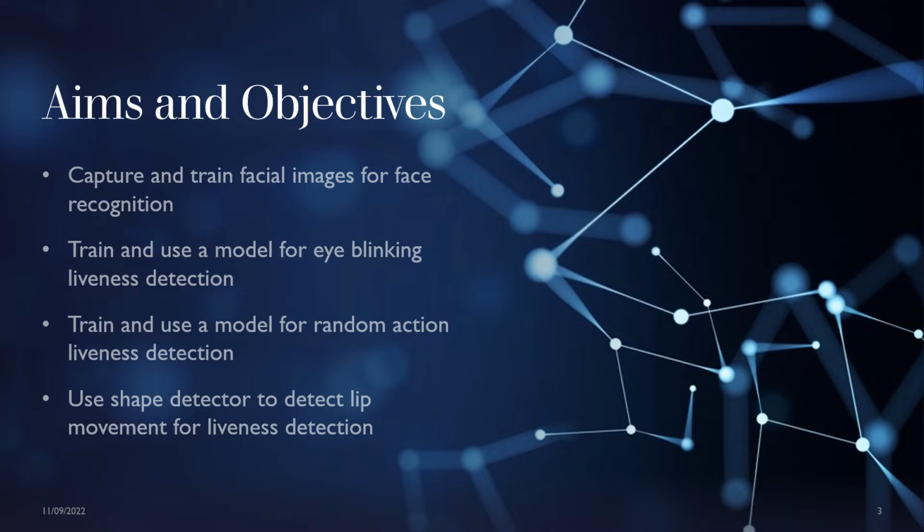And finally, the lip movement liveness detection uses a shape detector also to detect the position of the lips and predicts whether the user is speaking or not. If the user is speaking for some time, then the liveness is successful and it proceeds with face recognition.